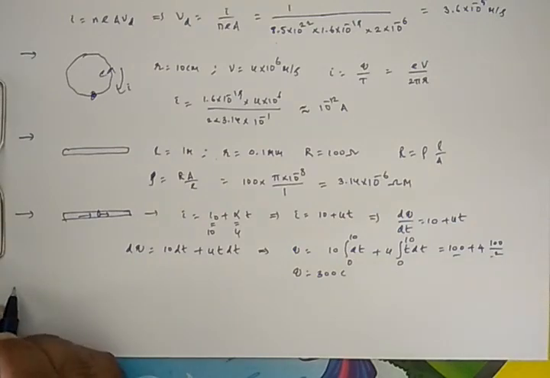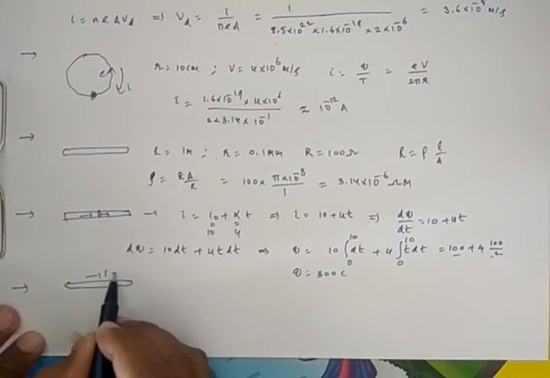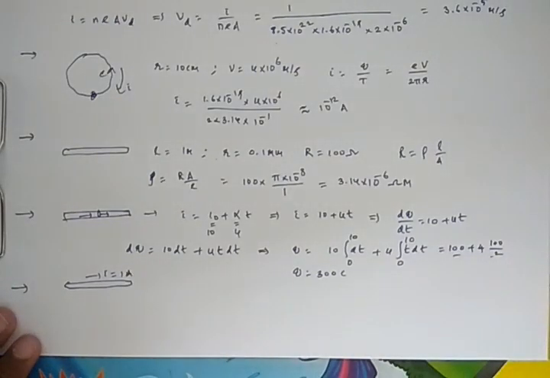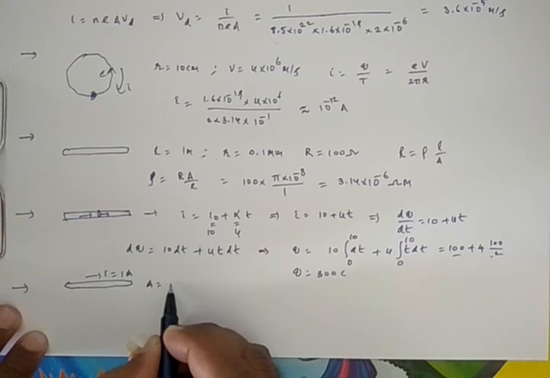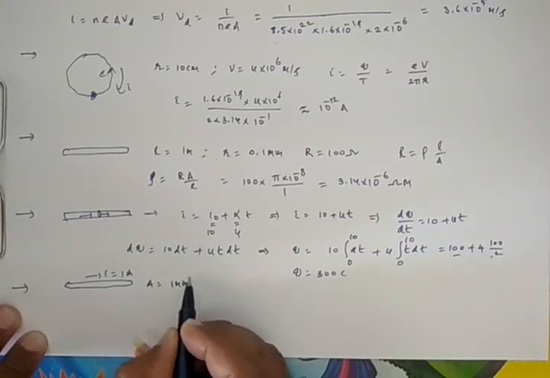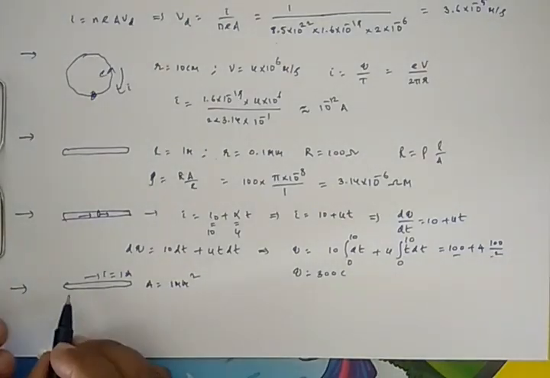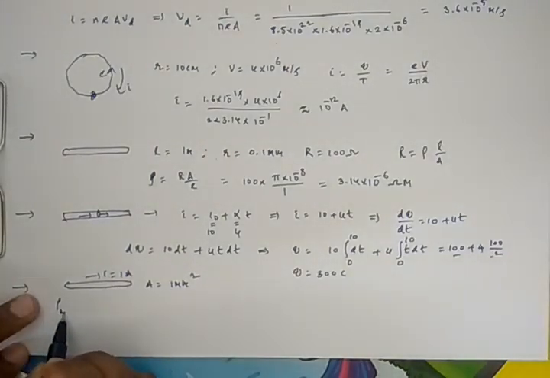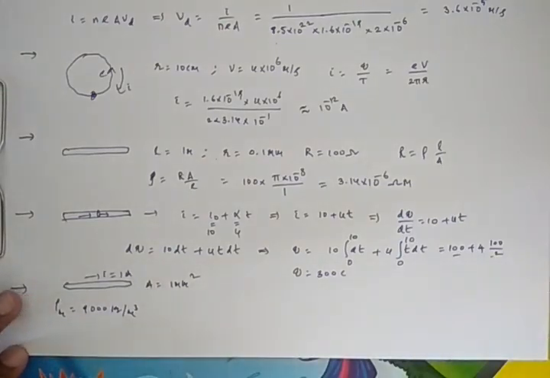This is the copper wire, and it's carrying current 1 ampere, and the area of cross section of the wire is 1 mm square. The mass density of the copper is 9,000 kilogram per meter cube.